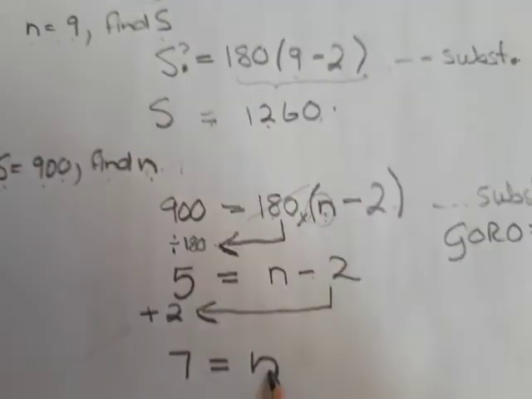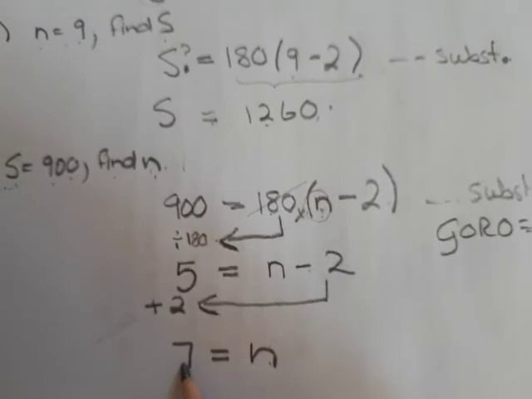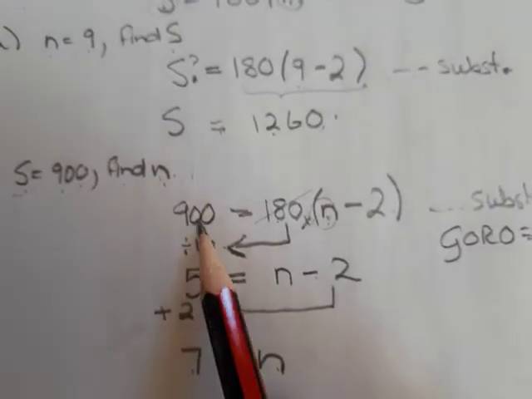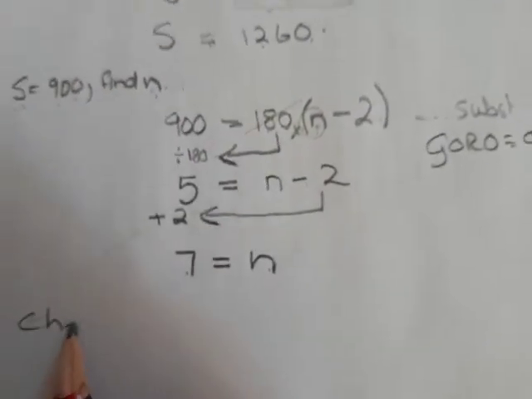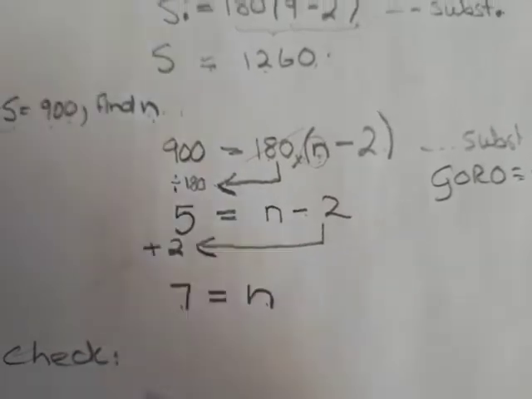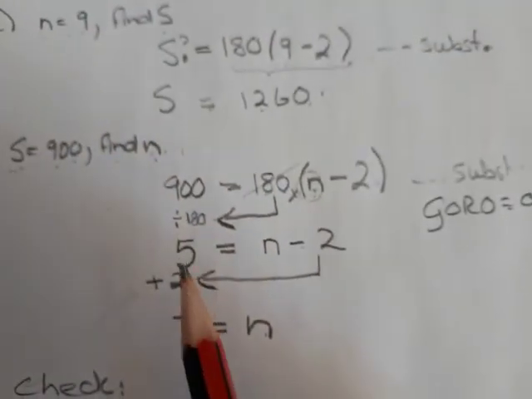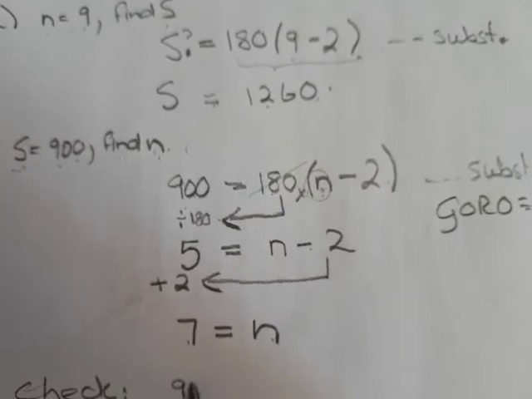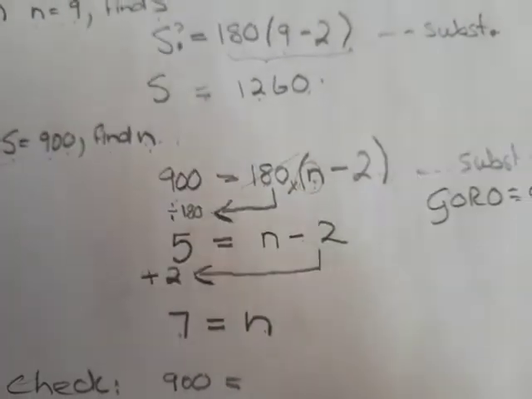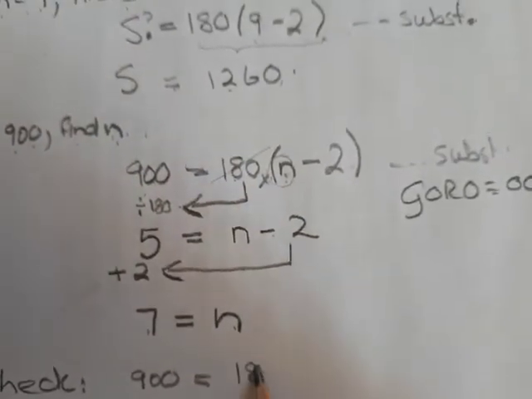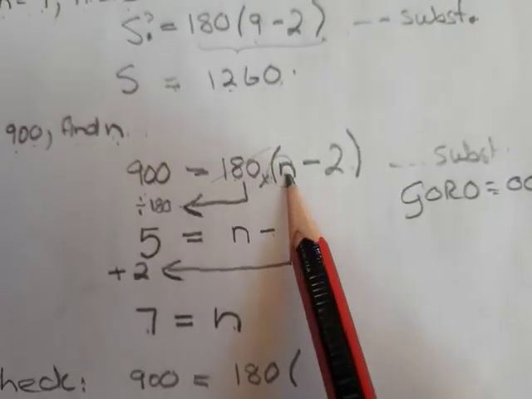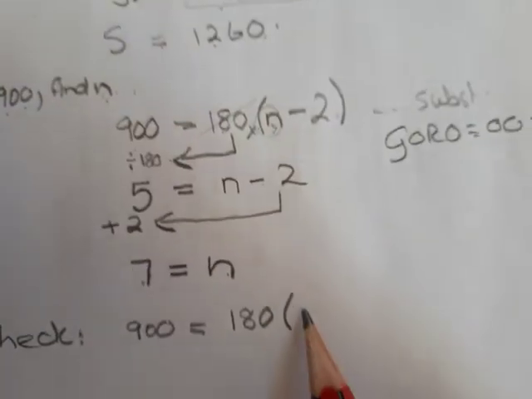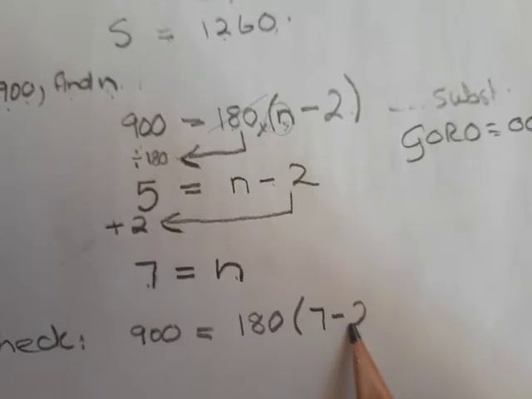Okay, so my answer to n is 7 if S is 900. And then remember, you can always do the check.